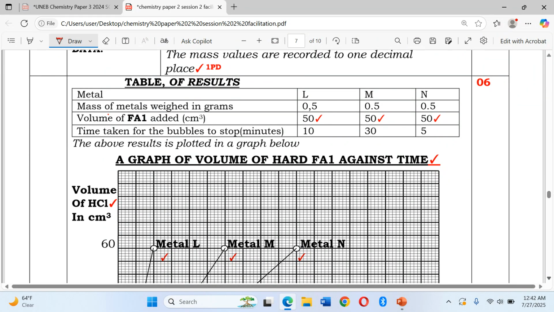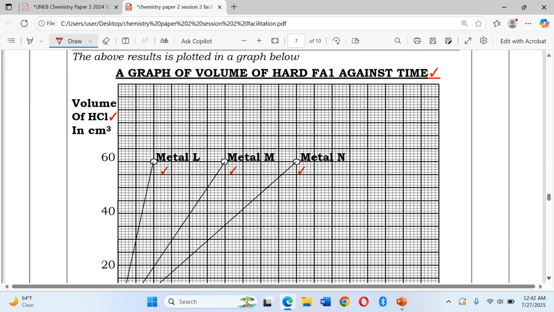Then we can have the graph for analysis, a graph of volume of Fa1 against time. Fa1 is HCl in cubic centimeters. Please make sure that you edit this so that you don't have a long thing.